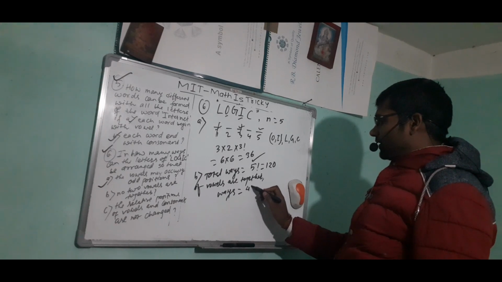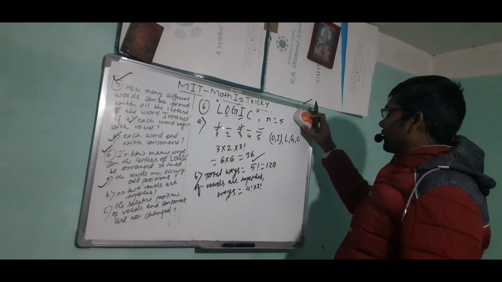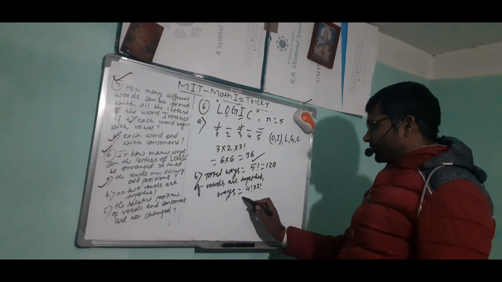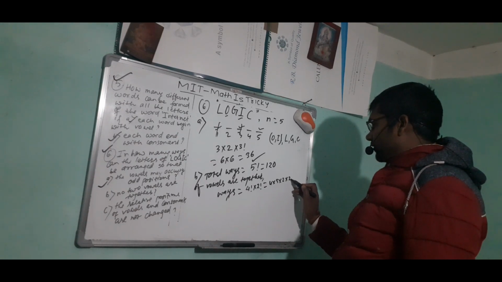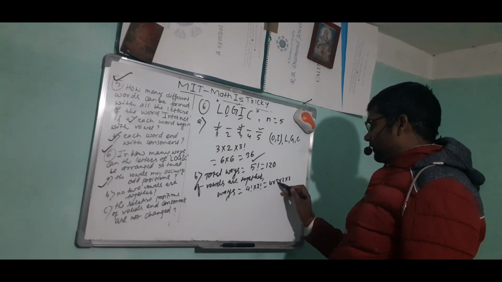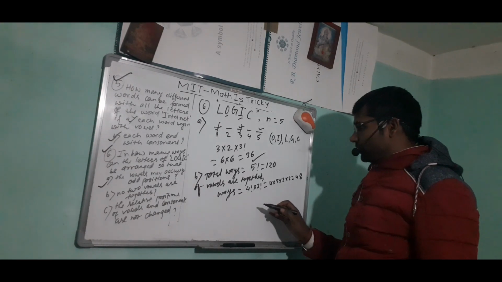So 4 factorial into 2 factorial, because the vowels can change their position. So it will be 4 into 3 into 2 into 2. 4 3s are 12, 12 into 4, 48. So much will be there.